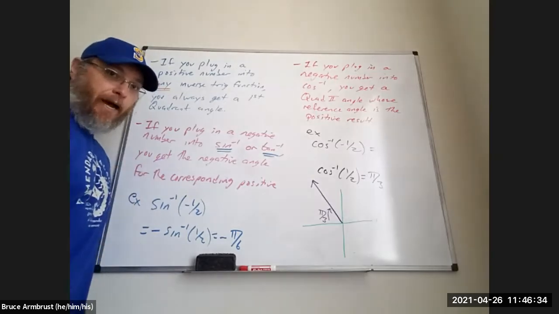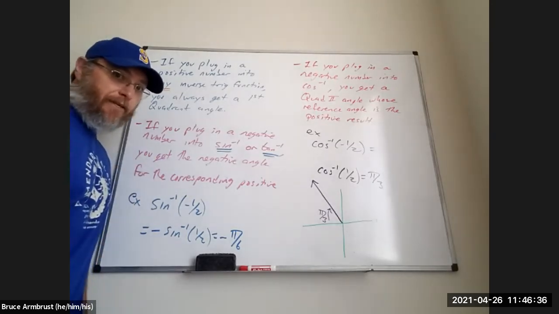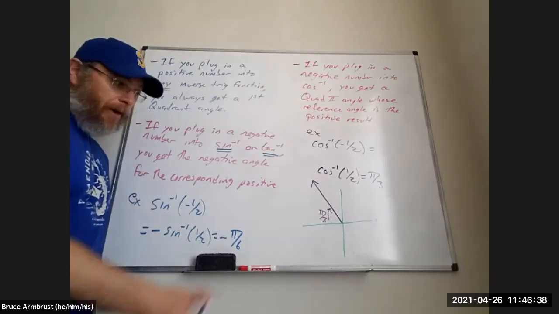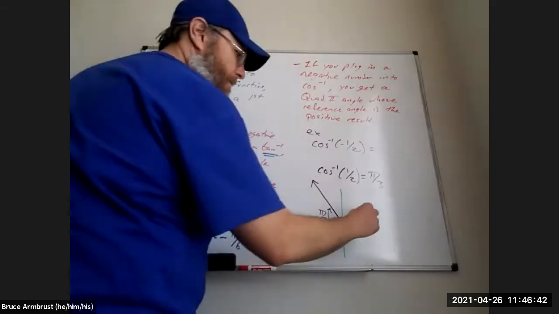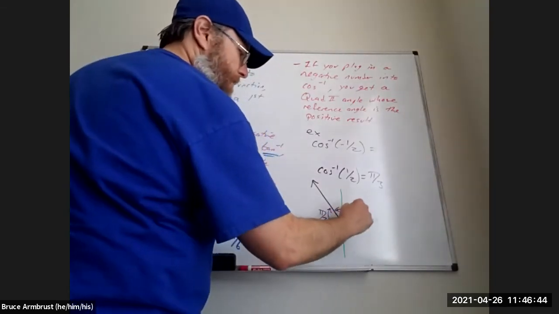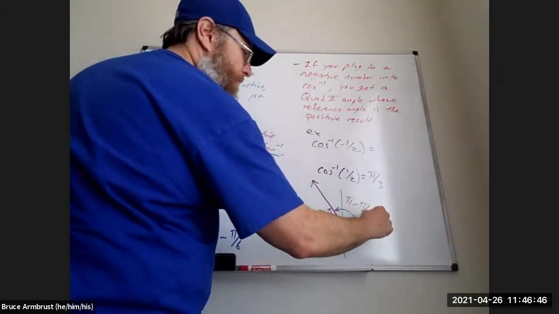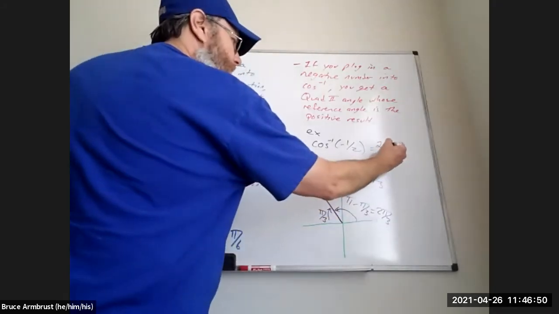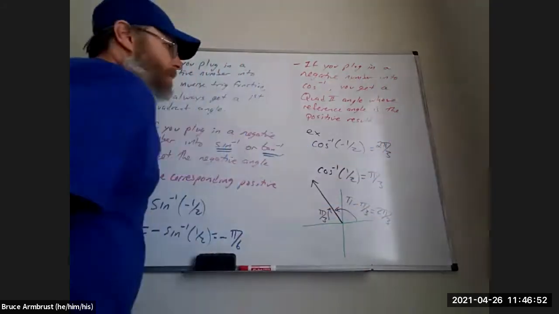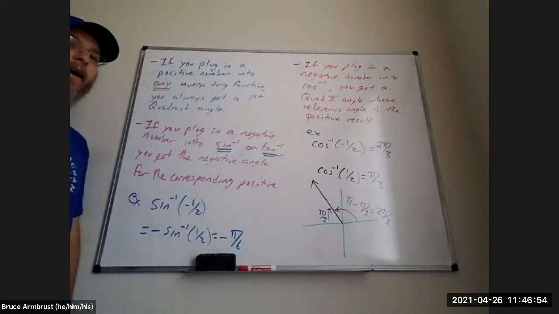So if we remember how things are built in that second quadrant, we're going to take pi and subtract pi over 3. So this one is going to be pi minus pi over 3, which is 2 pi over 3. And so that's the inverse cosine of minus 1/2.